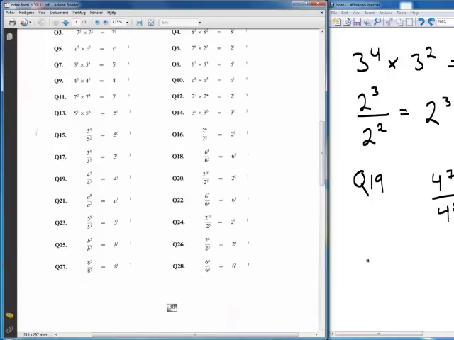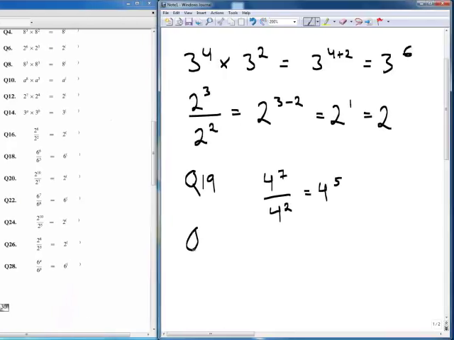How about question 28? We haven't worked with this basically, but it's the same thing as if we had numbers. So 6 index A. A can be any number, over 6 index B. So we just write it out.